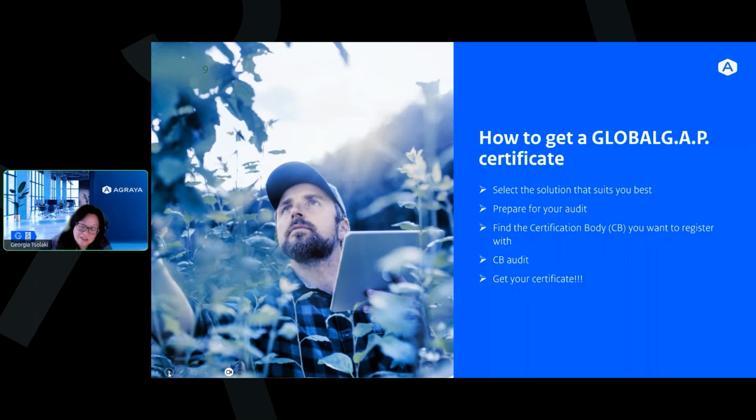They register with the certification body in order to get this external third-party accredited CB audit. If the producer is compliant with the requirements of our standard, the producer gets the certificate, and this is visible in our IT platform so that the supply chain is aware that this farm holds a certificate for this solution.